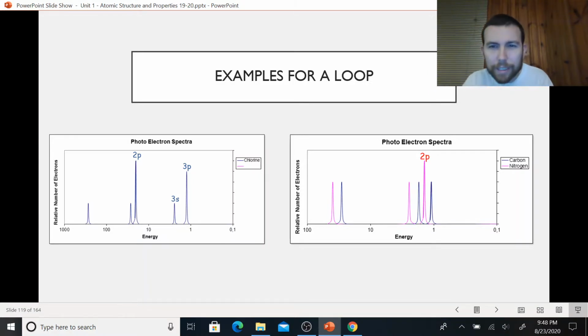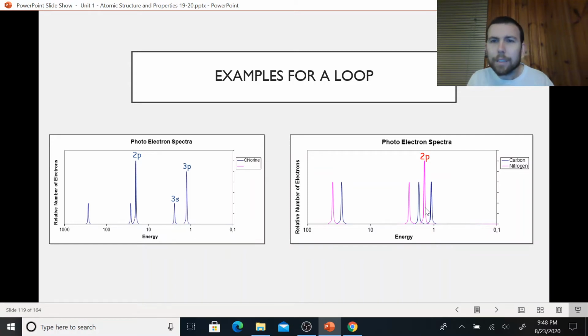Well, hopefully, when you looked at that, you noticed that it would be the fact that the effective nuclear charge for nitrogen is slightly greater than that for carbon, so it's going to hold on to its core electrons more tightly. Now, we see the same thing happen at the 2s sublevel. There's a shift. Nitrogen's holding on slightly more tightly to its electrons than carbon is.